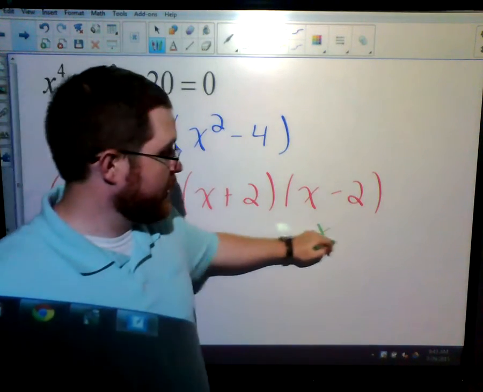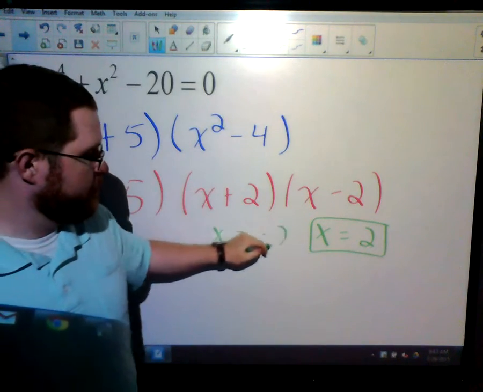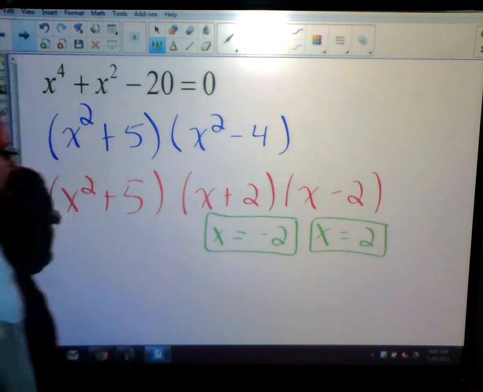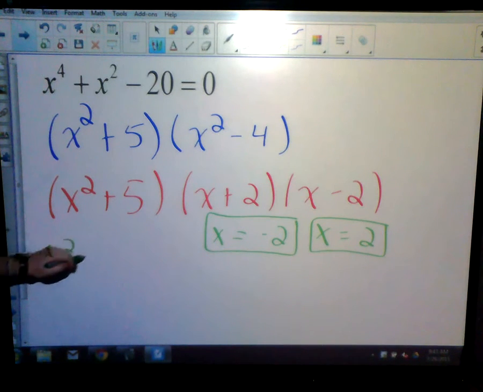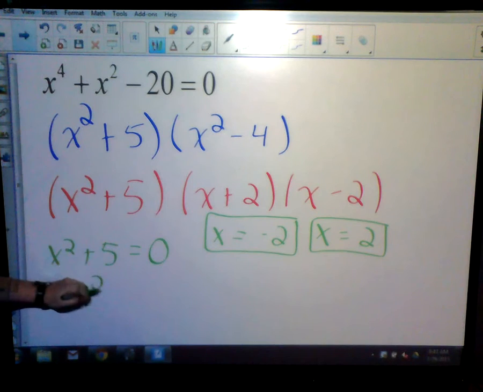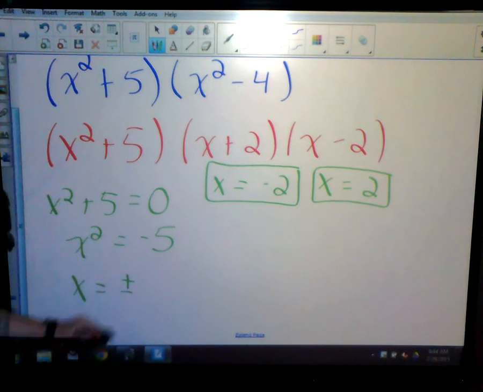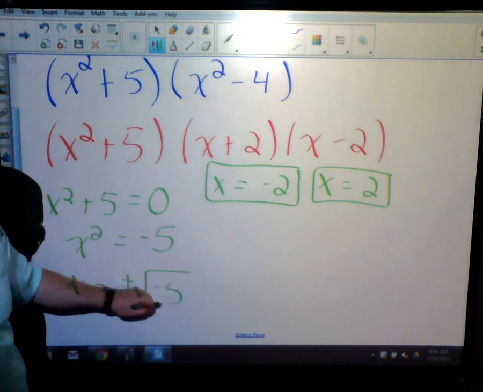These are easy. This is x equals positive 2 and x equals negative 2. But over here, I have to solve this. X squared plus 5 is equal to 0. X squared equals negative 5. Take the square root of both sides, and I get plus or minus, because I took the square root of both sides, square root of negative 5.